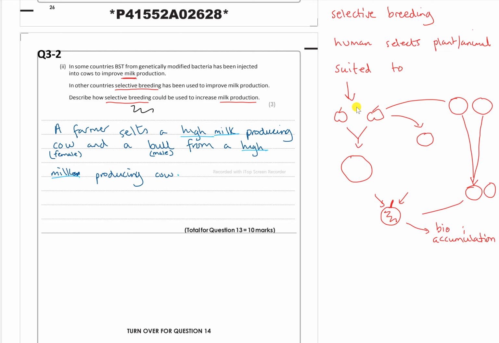Then you breed the two, and from their offspring select the highest yield cow and bull.